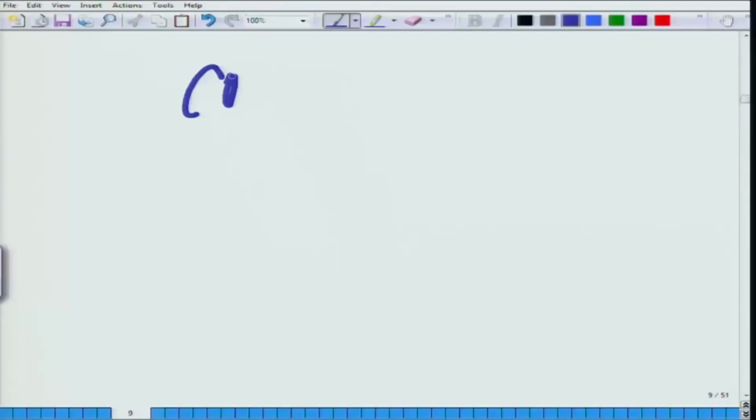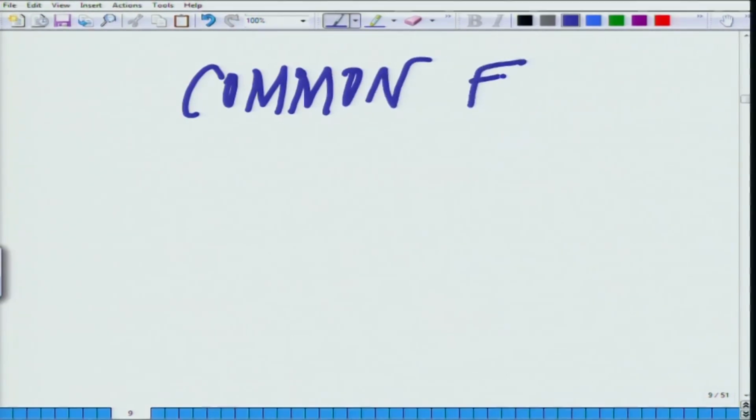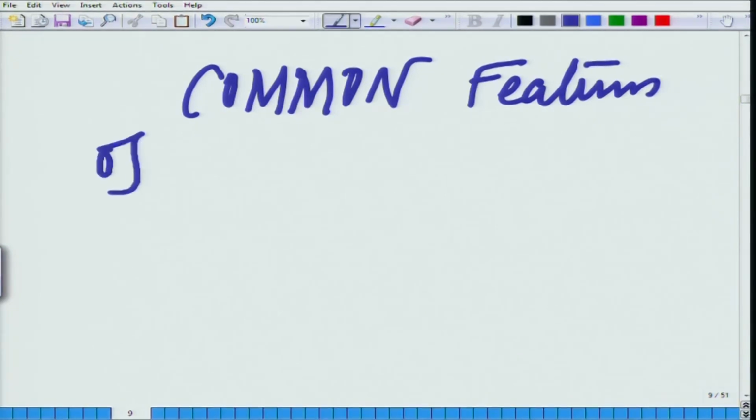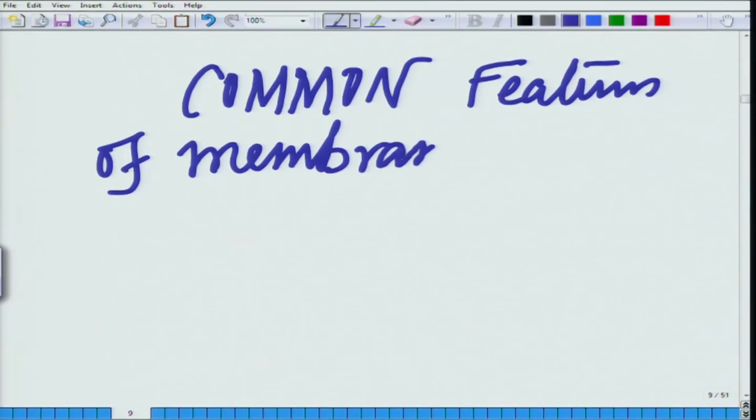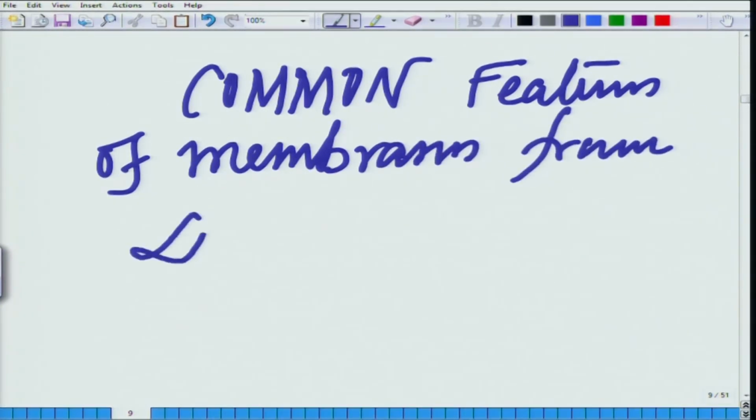Now we will be talking about the second thing, which is the common features of membranes among the diverse life forms which are present on the face of earth. Okay. So, talking about the common features now. Now, we are moving into slightly more detail. Common features of membranes from diverse species of life forms.